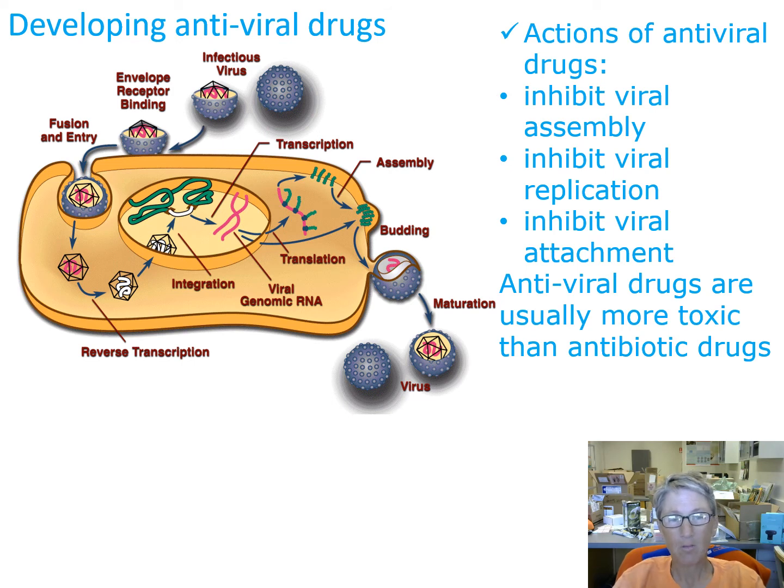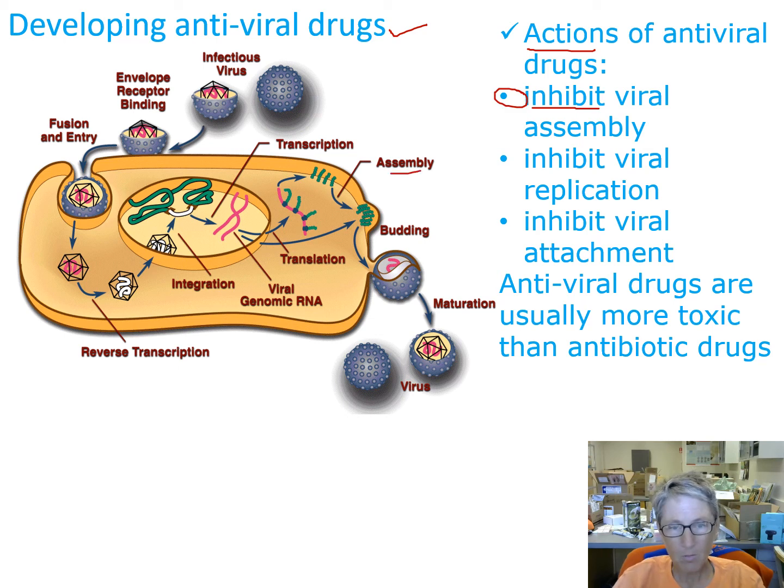All right, let's look at developing antiviral drugs. This is really interesting because we're trying to do that right now with coronavirus. So, some actions of antiviral drugs: you could design a drug that would inhibit viral assembly.